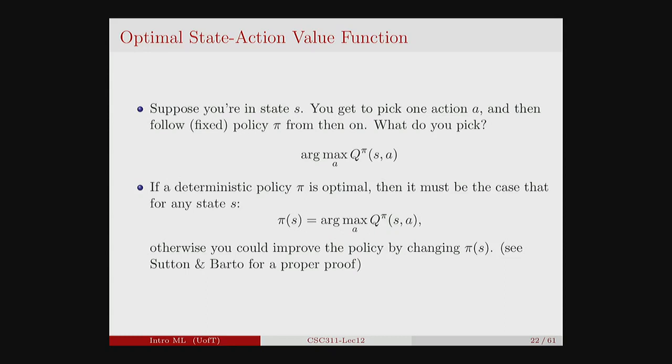The first argument says that I'm in some state S. The second argument says that if in some state S the optimal thing to do is to pick the argmax of Q(S, A), then I can use that idea to come up with a policy function. And the policy function, remember, is a function that takes as input a state and prints out an action. So my policy function here is going to be: for any state S, take a look at my Q matrix, figure out the column in the row of Q that is highest, and print that out as my action. That's going to be my policy.